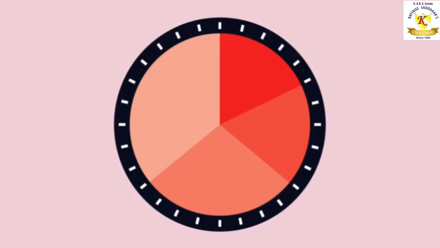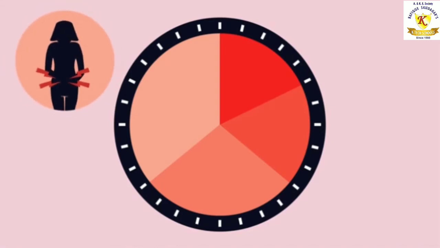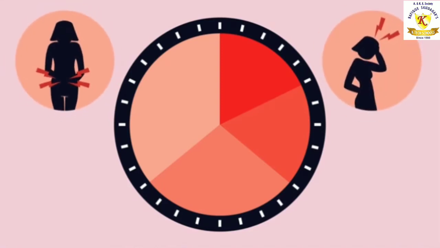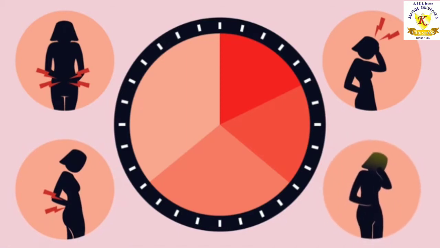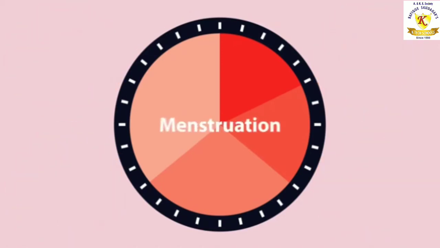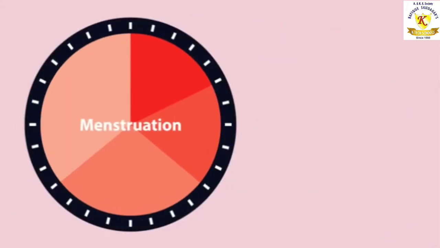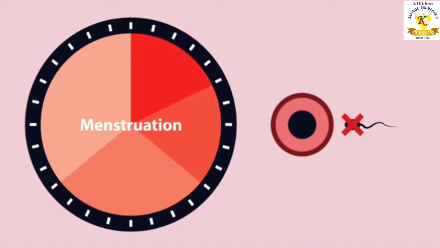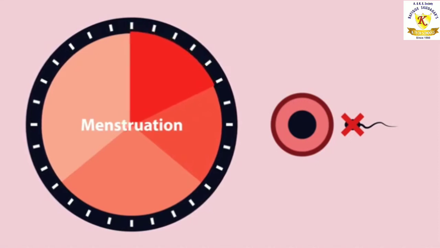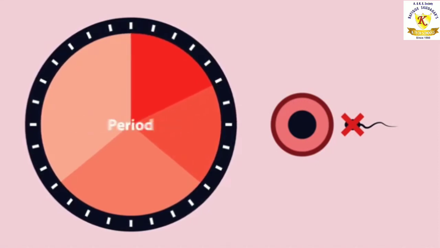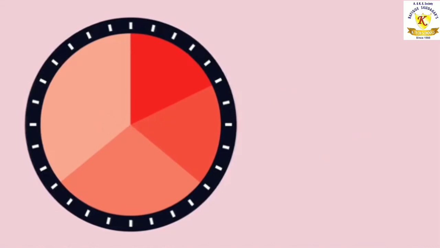During this period, women undergo drastic hormonal imbalance as well as physical discomforts such as abdominal cramps, headaches, backaches, and general nausea. So children, the first stage of the cycle is menstruation, and because the egg is not fertilized, this lasts between 3 to 7 days and is more commonly known as the period.